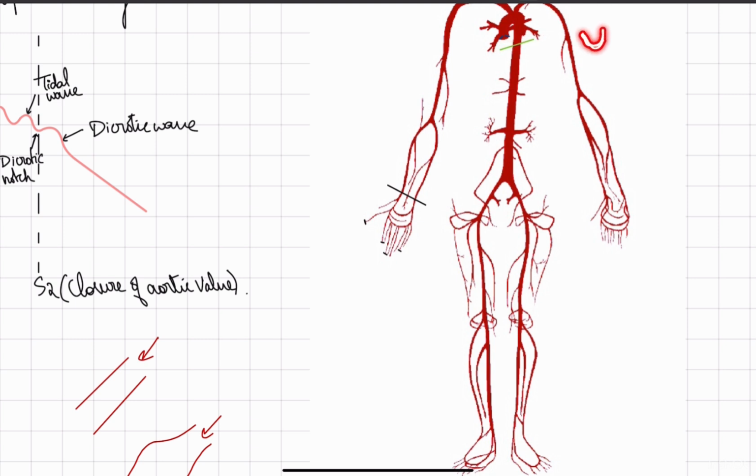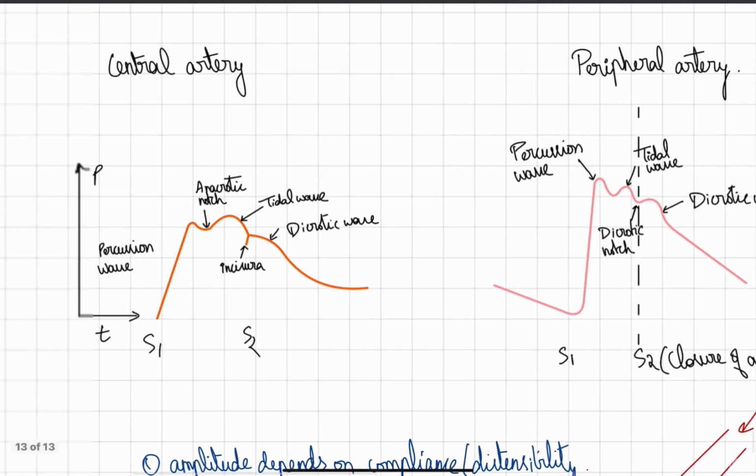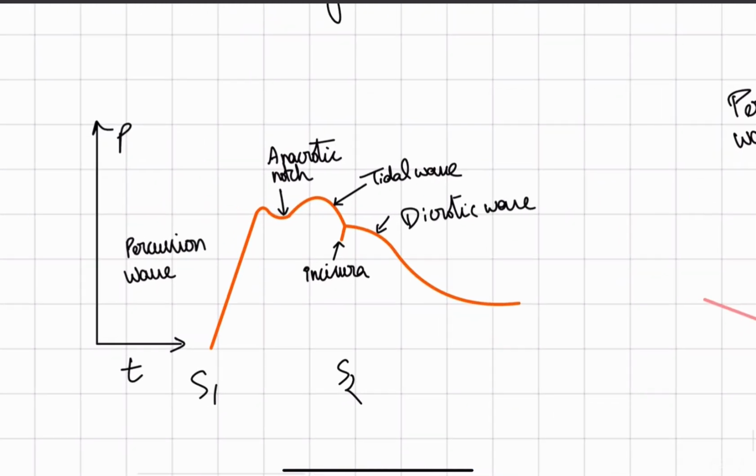That's the anacrotic notch. When the reflected waves come back, they come back here. That's the tidal wave. The anacrotic notch is mainly because of the distance it has to travel, right? So the reflected waves have traveled and they form the tidal wave.